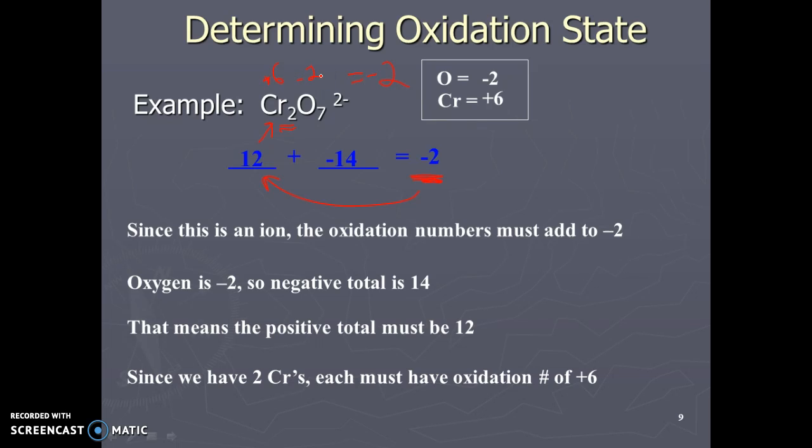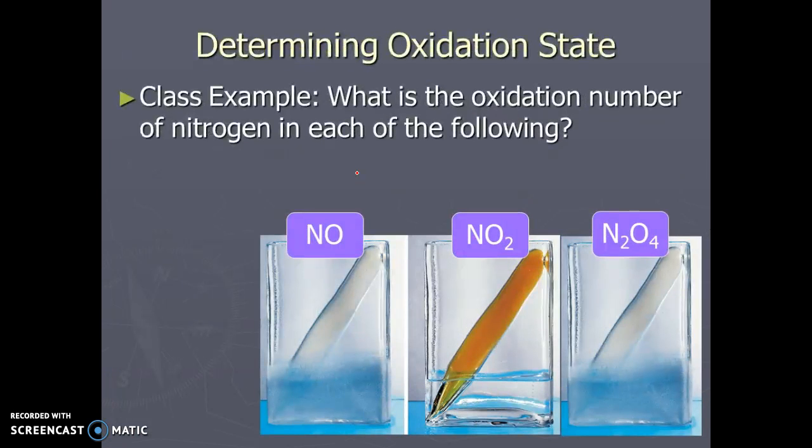Oxide is negative 2, and because there's 2 of them and 7 of these, that adds up to negative 2. So in the case of our 3 nitrogen oxides, we can figure out what the oxidation state on the nitrogen is, and we'll see that it's not the same on all 3 of these.